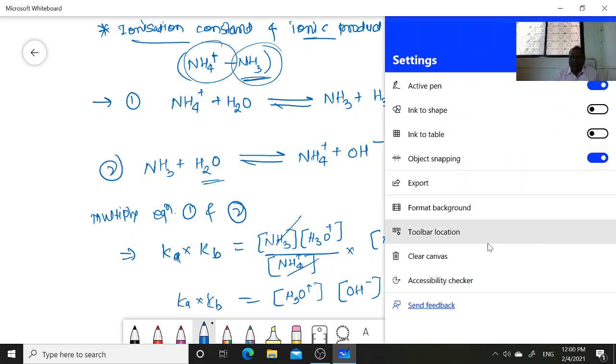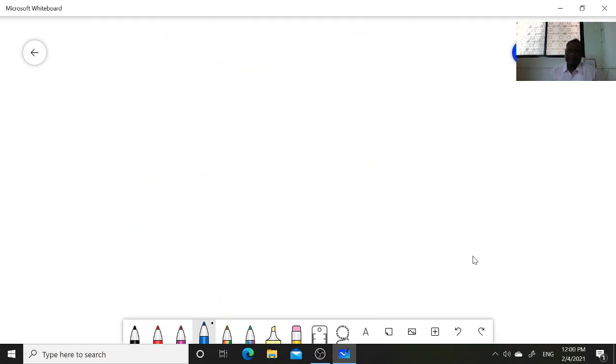Now, we know the pH scale. So, what is the pH scale? We are learning the pH scale. We know that the name of the scientist is Sorensen.